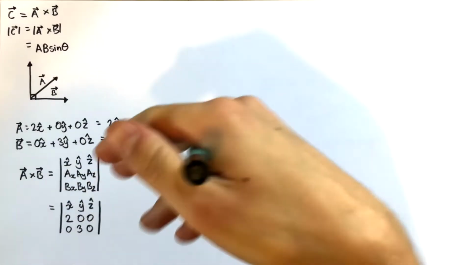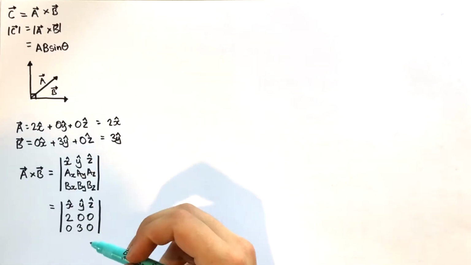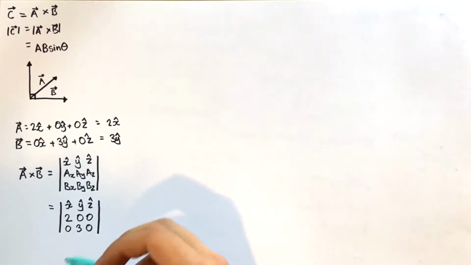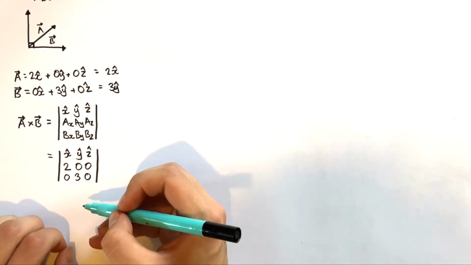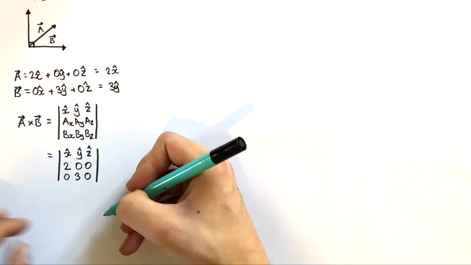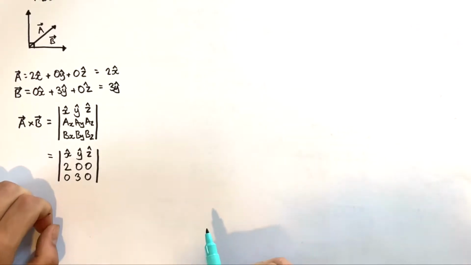Now, you might already know how to work out the determinant of this matrix. But if you don't, I'll show you how to work it out. It's a bit tedious, but I'll talk you through each step of the way. And again, it's a bit counterintuitive, but let's just roll with it for now.